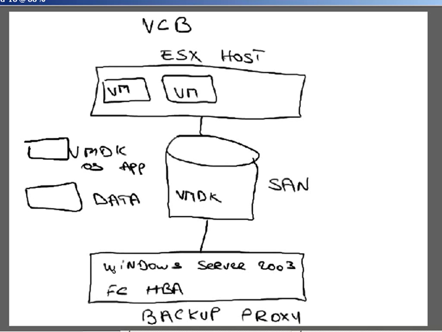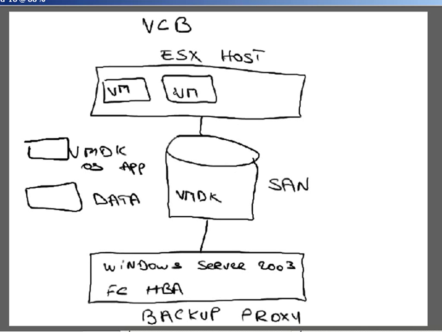Now obviously both these disks will live on the SAN. So the backup proxy server will have the VCB, the VMware Consolidated Backup software, loaded on it. This should be a physical box, by the way, with Windows Server 2003, and a fiber channel HBA, obviously, in order to connect to the SAN. It would have the VCB software loaded on it, and it would access the VMDKs directly from the SAN LUNs.